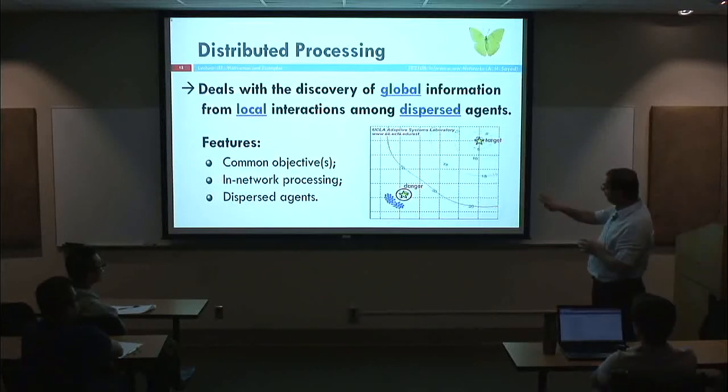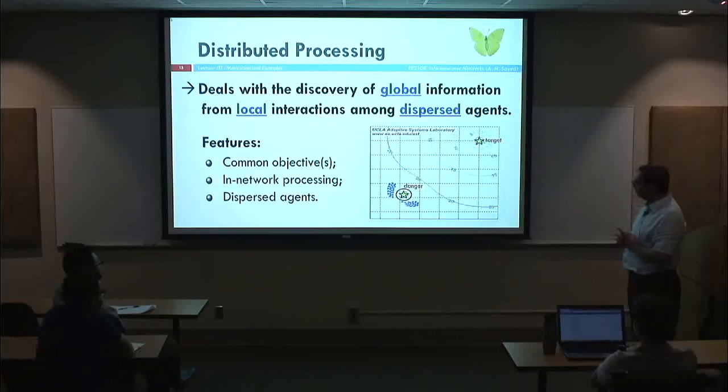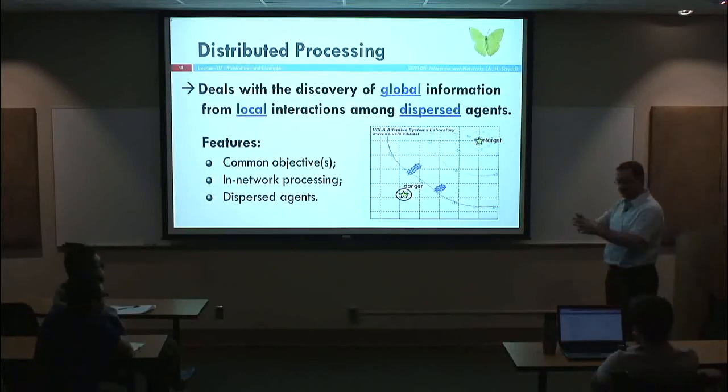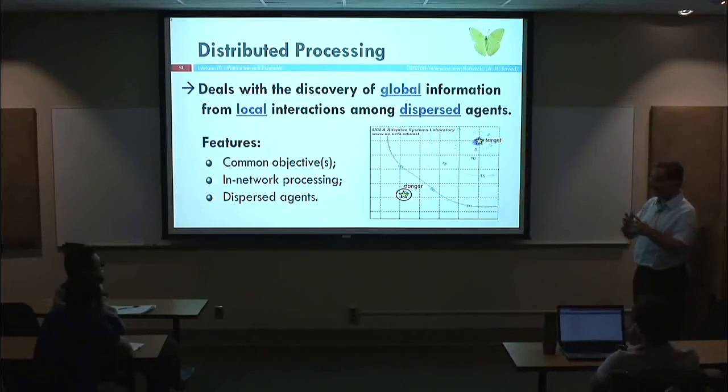So you observe here that a distributed solution in general will consist of a collection of dispersed agents having some common objective. You can also talk about network solutions where agents may not have common objectives, or there may be some commonality, but there also may be some differences in their objectives, okay?